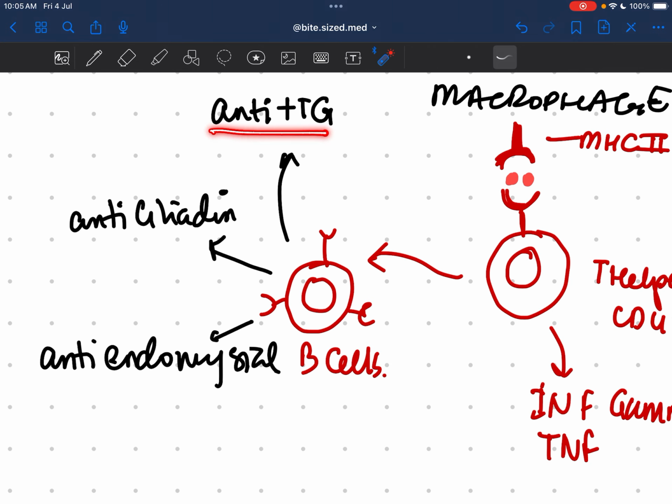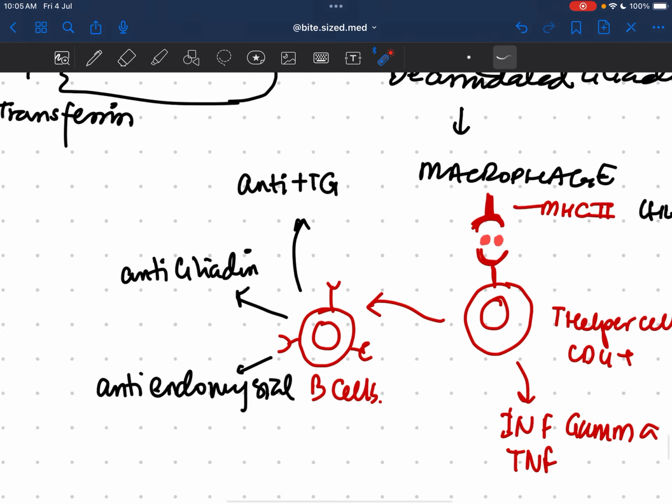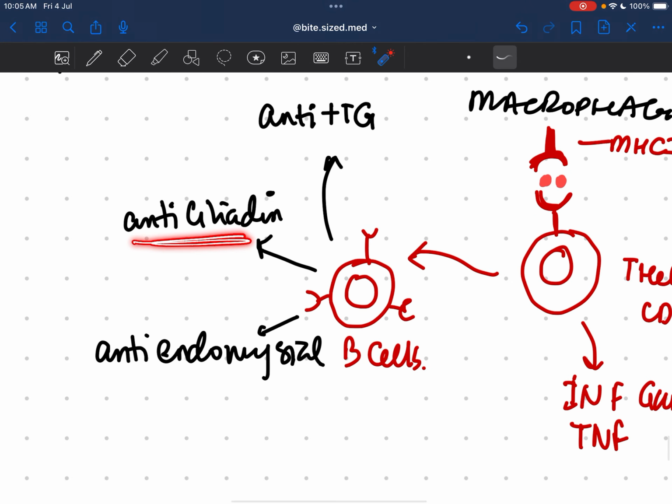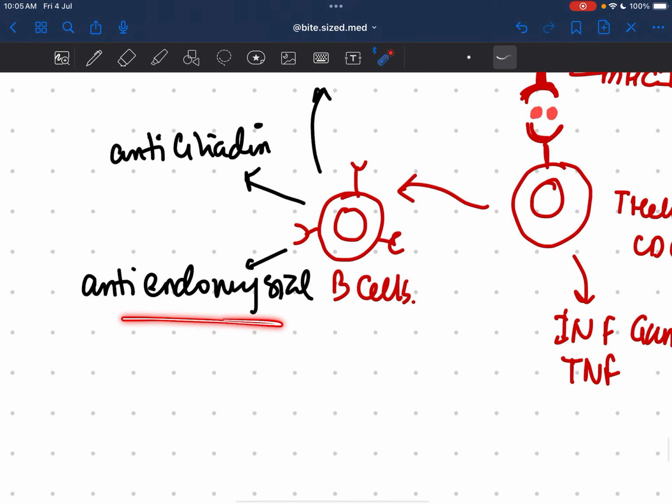The anti-tissue transglutaminase antibody, which is against this enzyme, anti-gliadin antibody, which is against gliadin itself, and anti-endomysial antibody. Now, endomysium is the component of muscle. It is the component of muscle which also forms up the lamina propria.